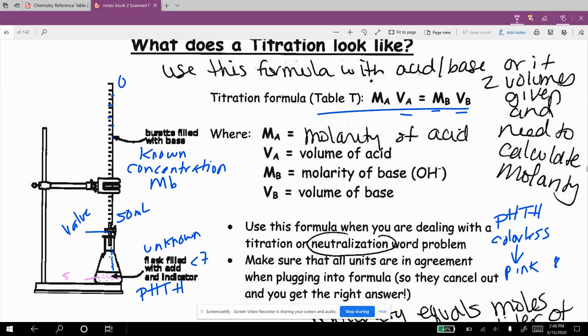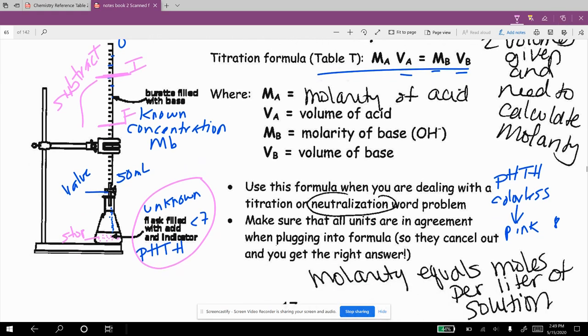Then you're going to have a starting and an ending, and you subtract your two values, right? Because we have final and initial. Anytime you have initial, final, anything, you've got to subtract those two numbers. And then we're going to use those values to calculate the unknown concentration of this acid.